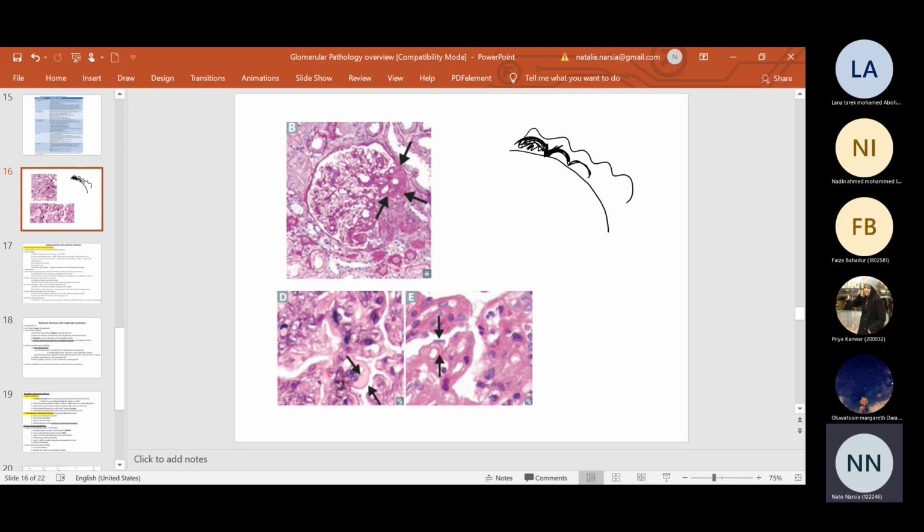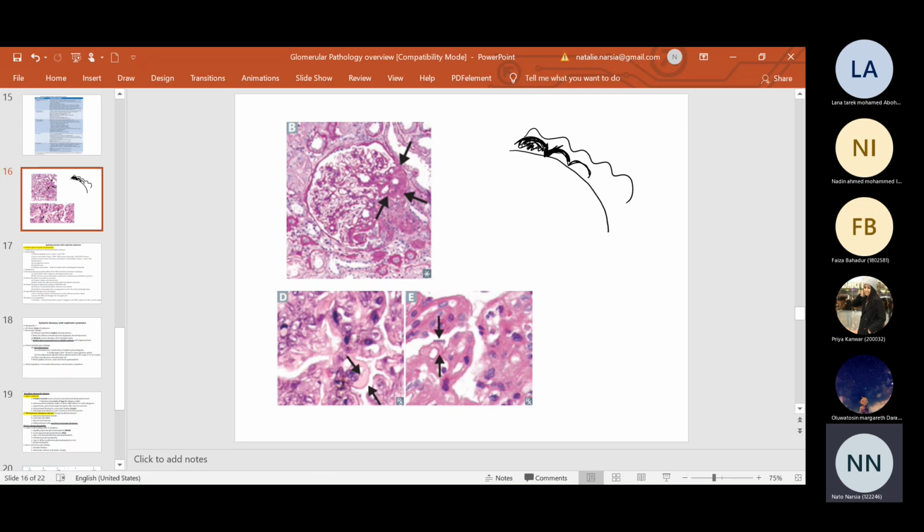So in membranous nephropathy under electron microscopy, you will find this spike and dome appearance. That means different domes you have under the epithelial cells. And finally, what you see is the spike and dome appearance.